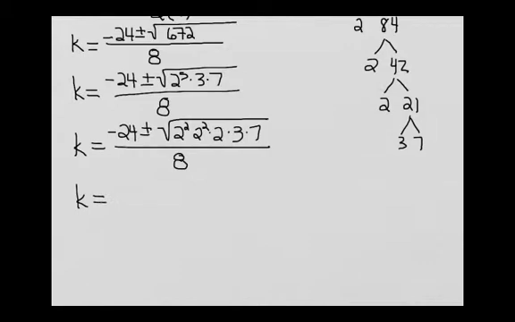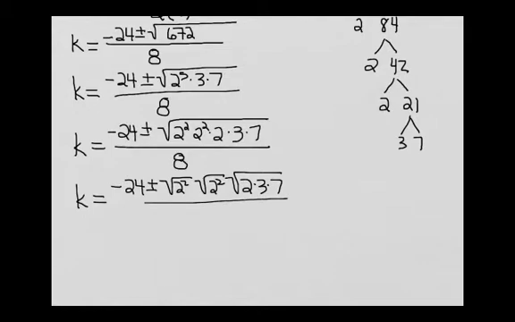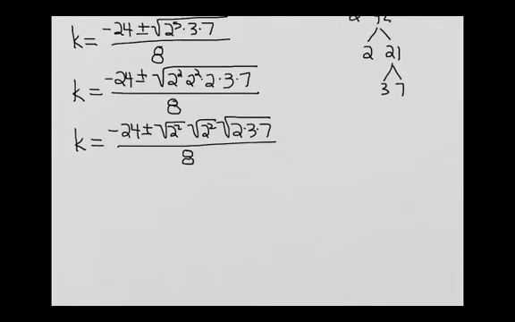and we end up with negative 24 plus or minus the square root of 2 squared times the square root of 2 squared times the square root of 2 times 3 times 7, and that's going to be divided by 8.